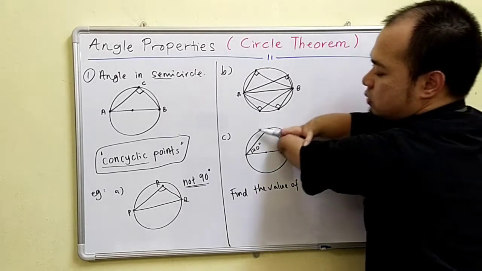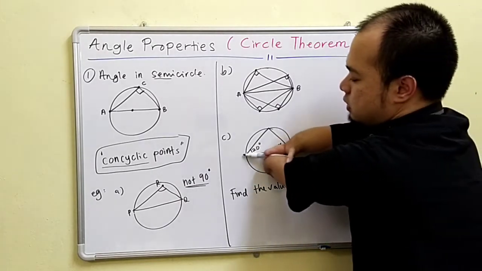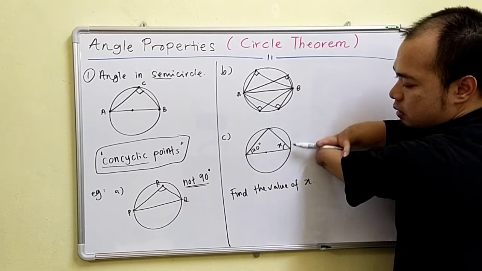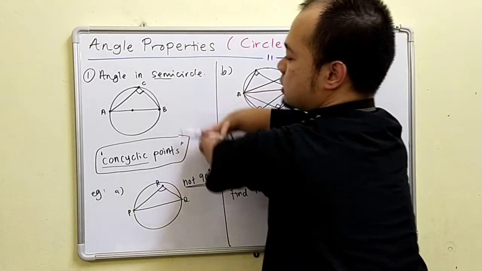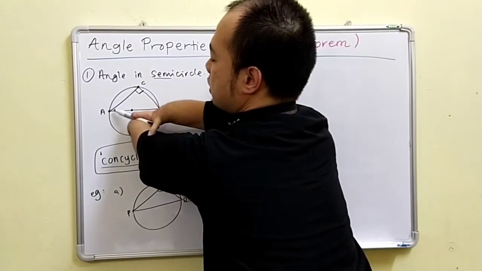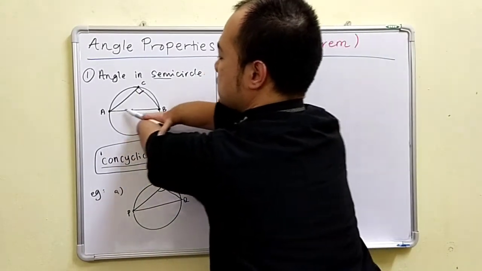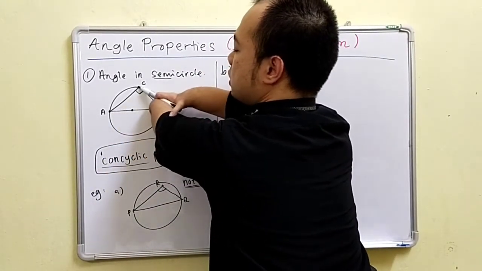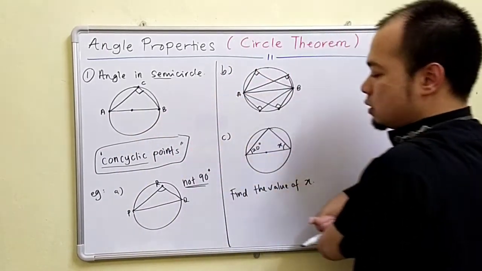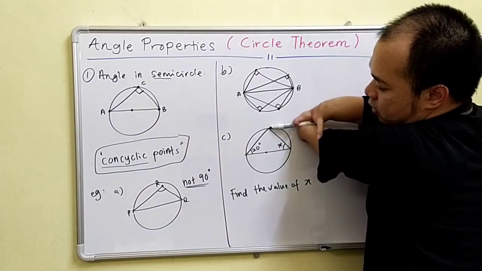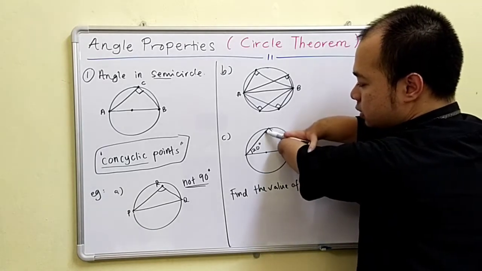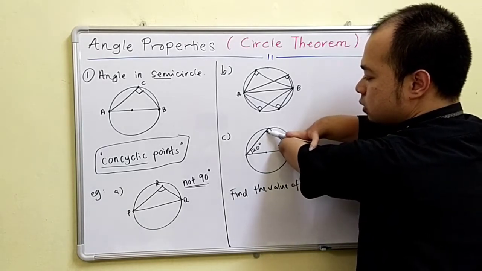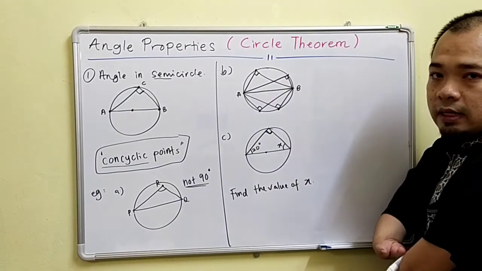The only information given over here is that this is the diameter line. So based on theorem number 1, whenever you have a semicircle and the point C lies on the circumference, which is right over here, automatically this value will be 90 degrees, which is a right angle triangle.